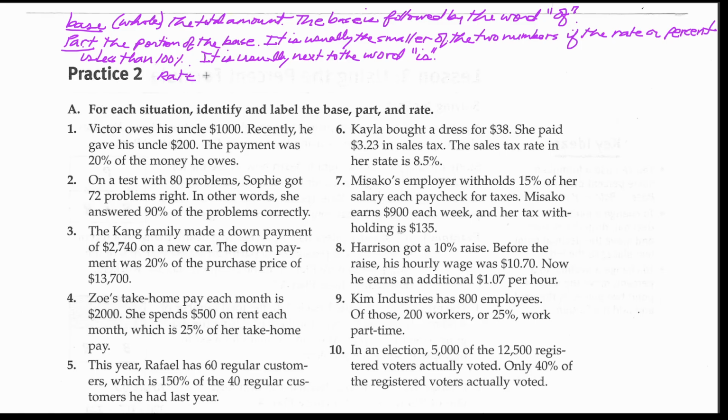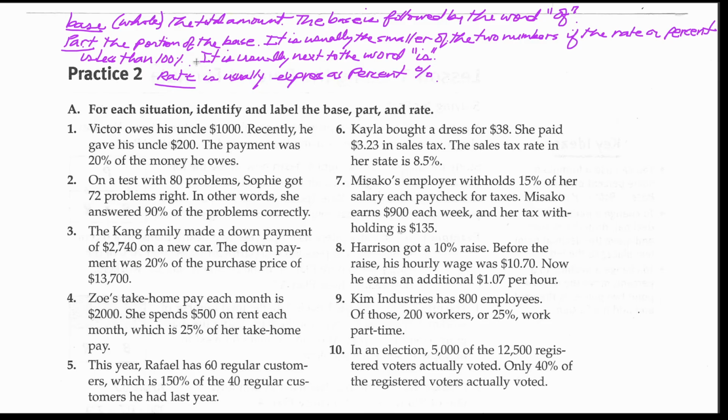The rate is usually expressed as percent, or you see this symbol here. So those are the three elements.